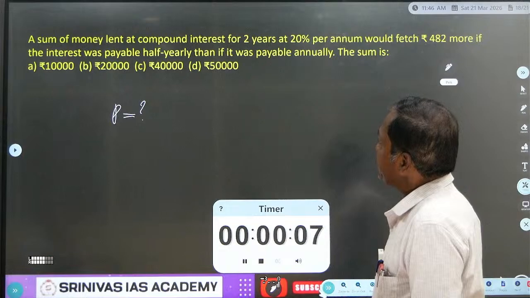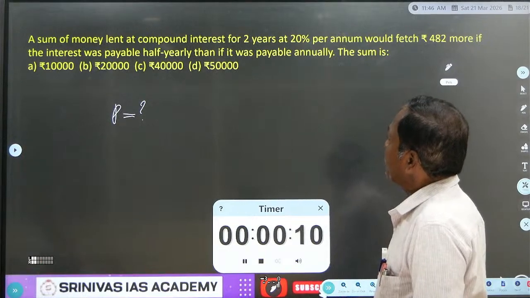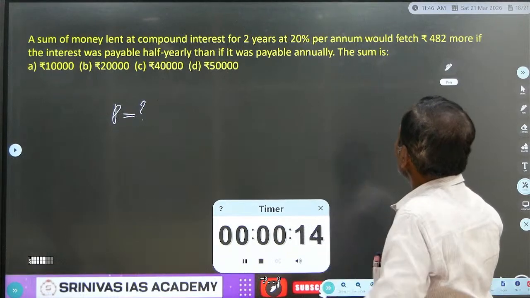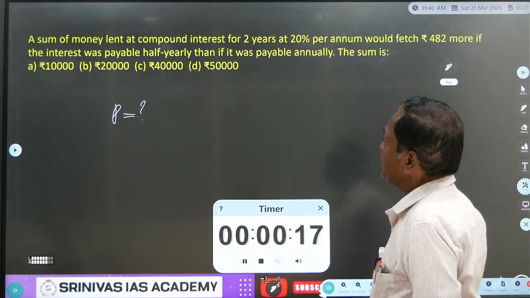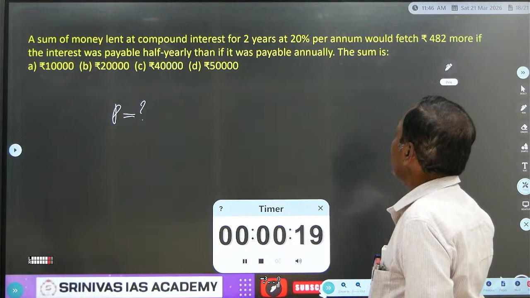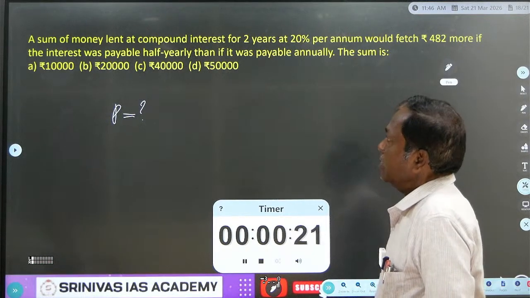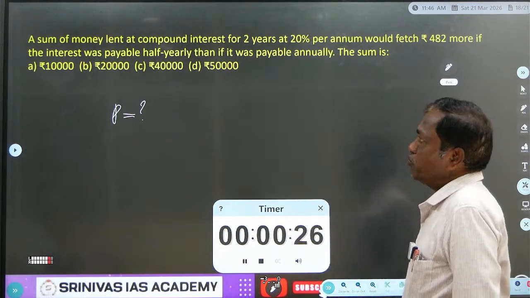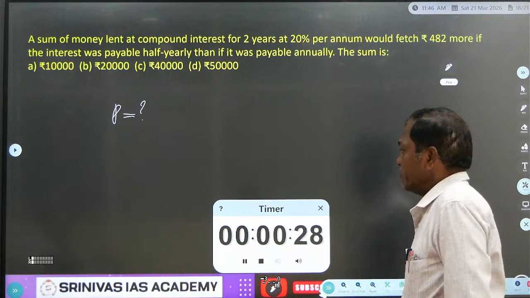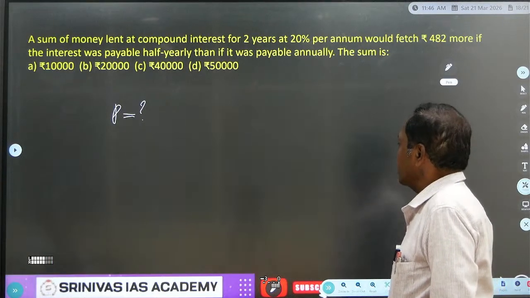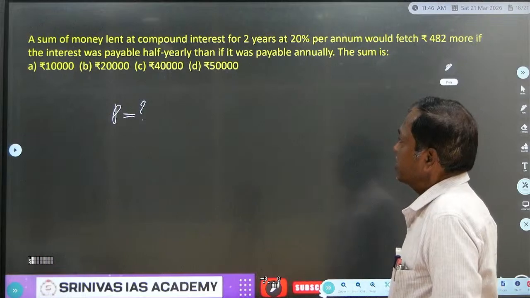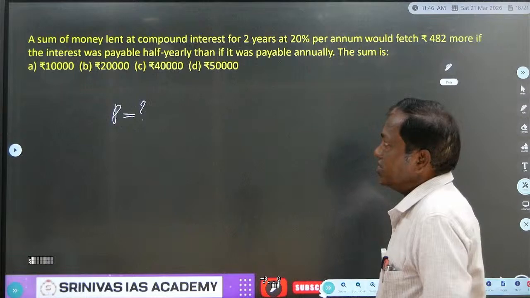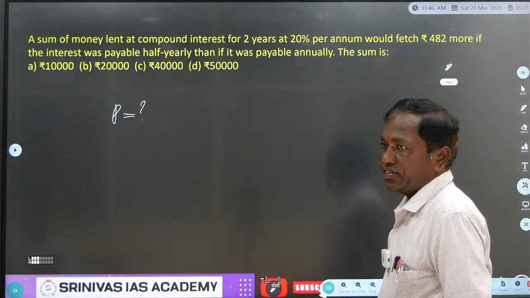What is the sum? We have to do the two calculations. First calculation is what? Yearly calculation. Second one is what? Half yearly calculation.